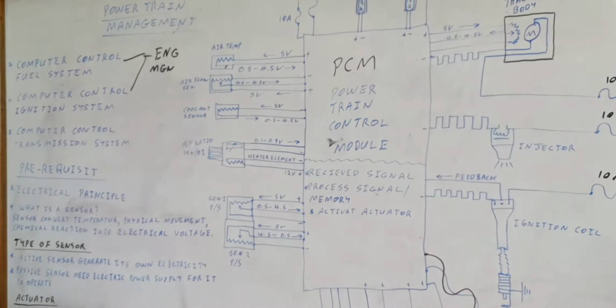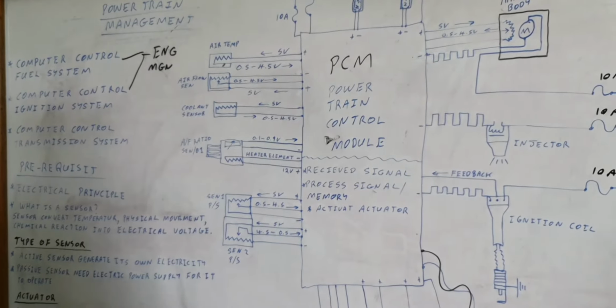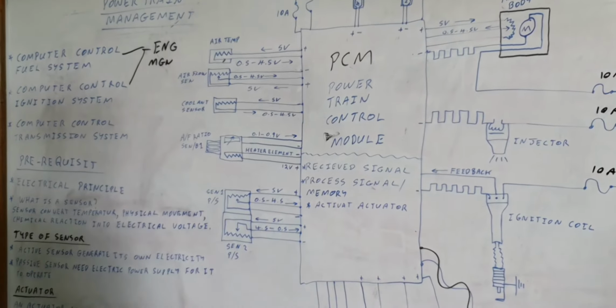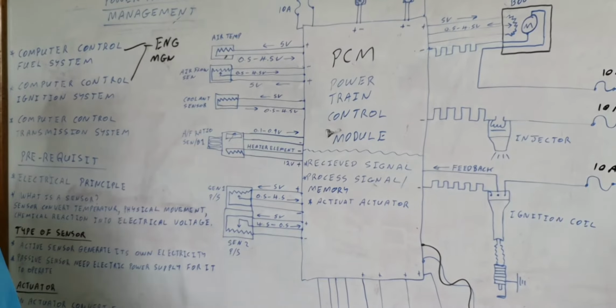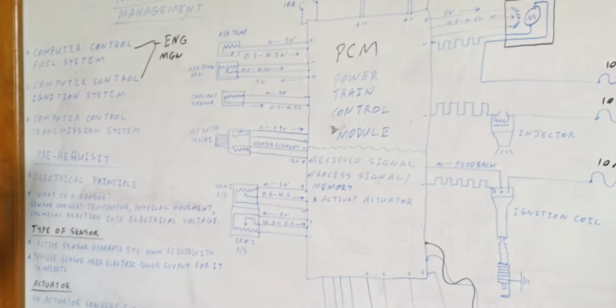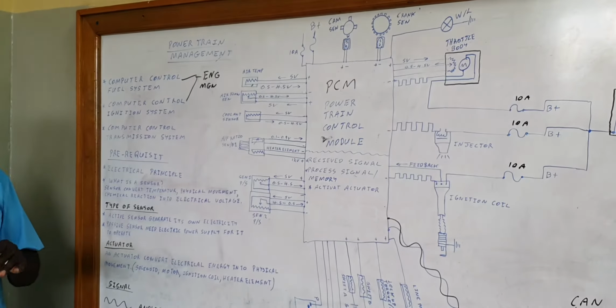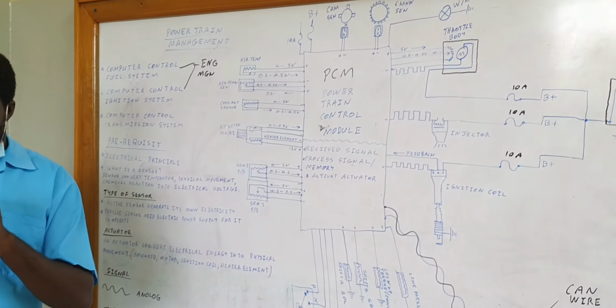But on the scan tool, some will give a percentage, some grams per second, and some will give you voltage. It varies. But once you see a negative 0.5 or a negative 4.5, that means the circuit is open.